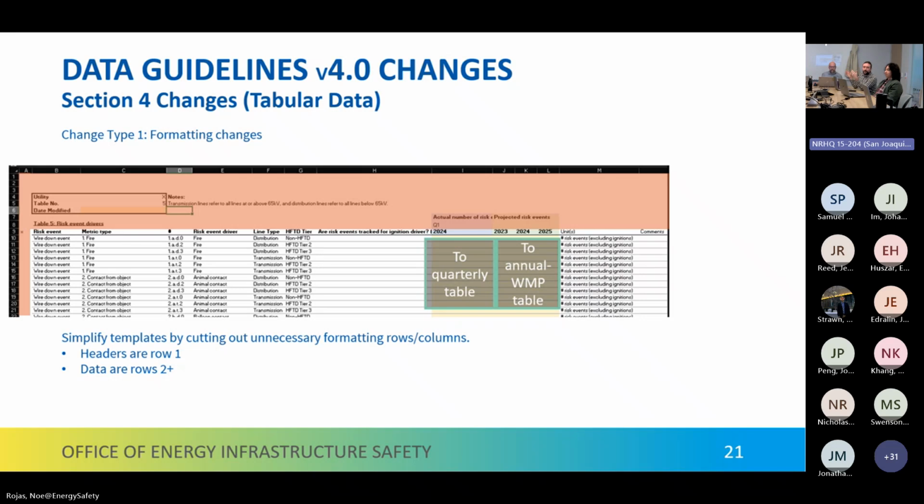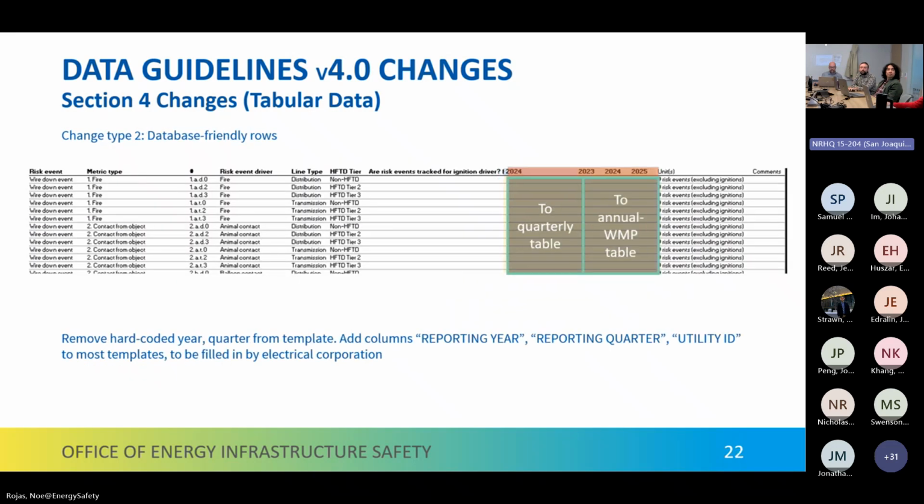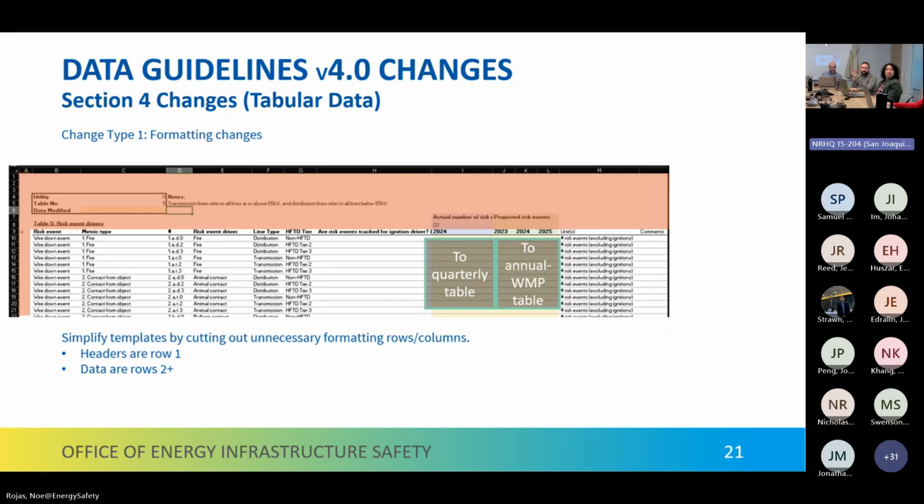Instead, we're going to have the quarters reported inside the data rather than as part of this header. As you can see, the breakout of the two pieces, one goes to the quarterly table, one goes to the annual WMP table, but those are still in the same rows. They're just in different tables for these two columns because they're collected at different times. Okay, next slide, please.